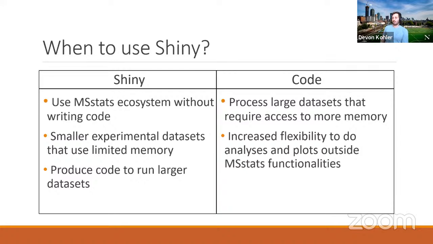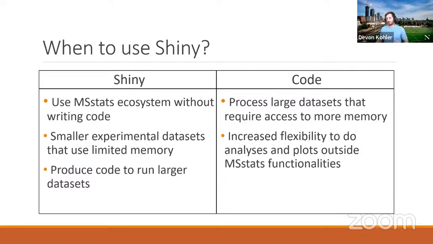With that being said, one thing that's included in the Shiny functionality is the ability to produce code for your workflow. So if you wanted to generate the code that you could use for a larger experiment, you could take a subset of your data set and run it through the Shiny pipeline with all of the parameters that you would like to use. We have a lot of information on what parameters to choose.